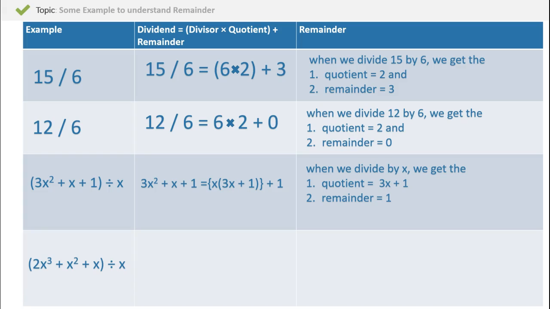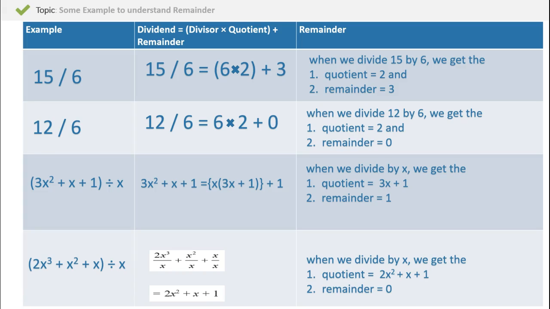Let's take another example of 2x cubed plus x squared plus x and divide it by x. What do you get? You get 2x squared plus x plus 1. No remainder in this case.